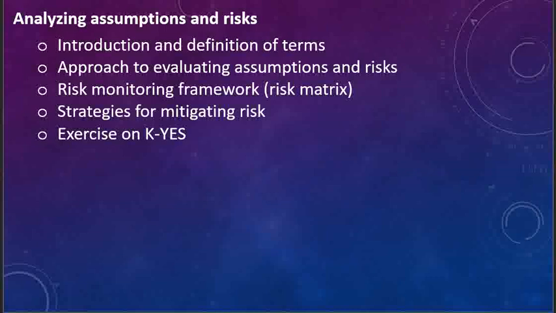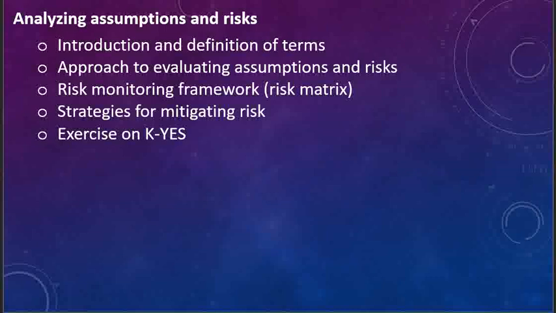Then importantly, we are going to have a risk monitoring framework, what we call a risk matrix. So in the risk matrix, we are going to look for the indicators of the risk. We're going to look at the data sources for the indicators.